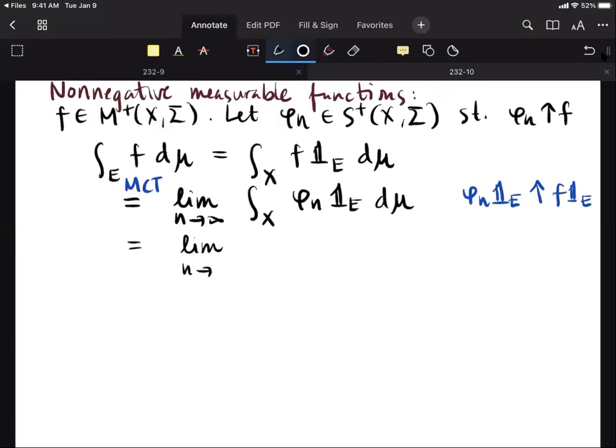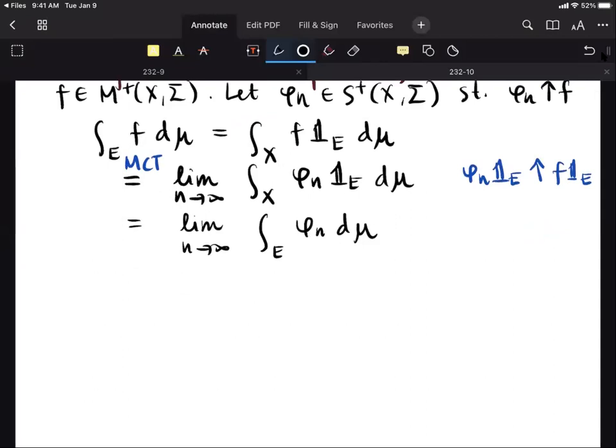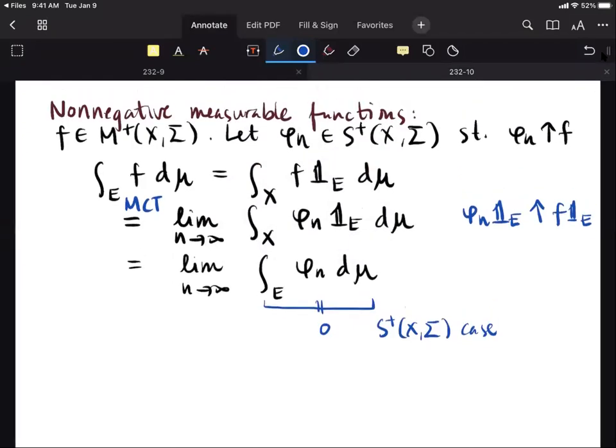Again, the definition of the integral over the set E yields the following limit. And this is 0 because we know earlier this is valid for the case of non-negative simple functions.